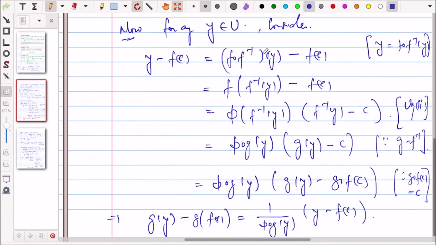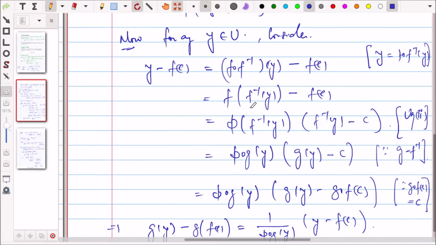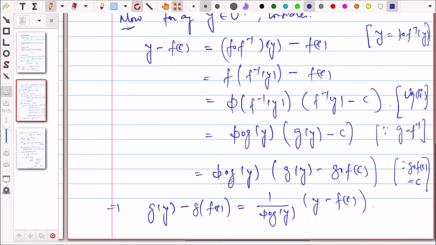So then we have applied this property, so we got this phi here, and then we have replaced f inverse by g because g is equal to f inverse. So we have got this. Now, why is this non-zero? Because y belongs to u, and y belonging to u implies gy belongs to the delta neighborhood of c, and phi is non-zero on the delta neighborhood of c.